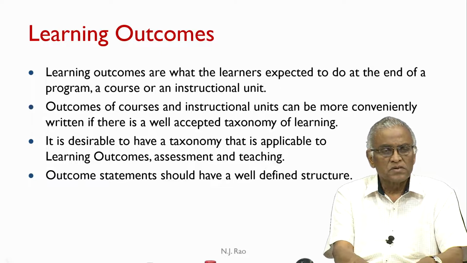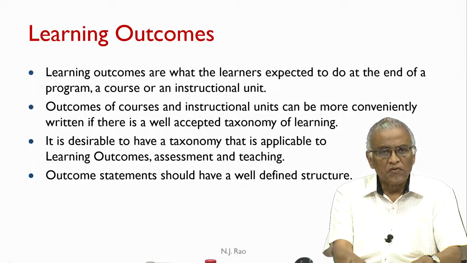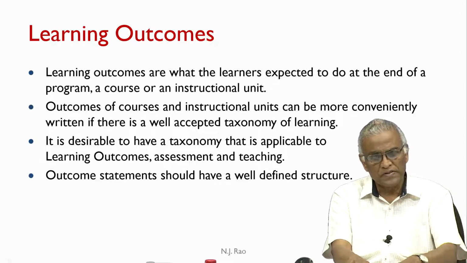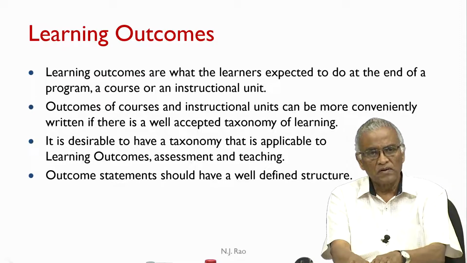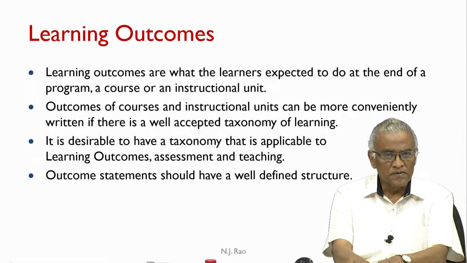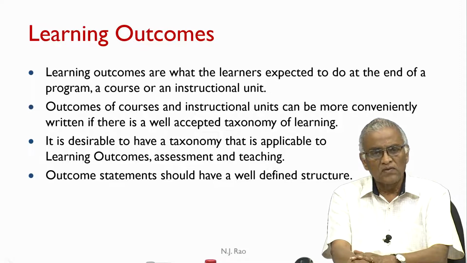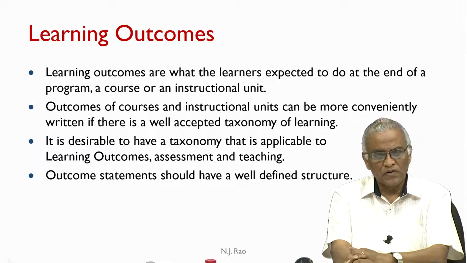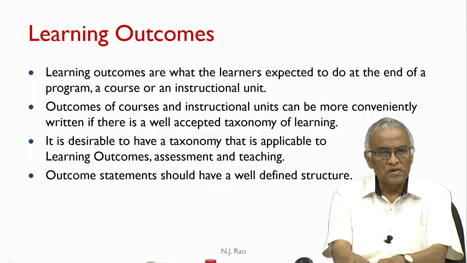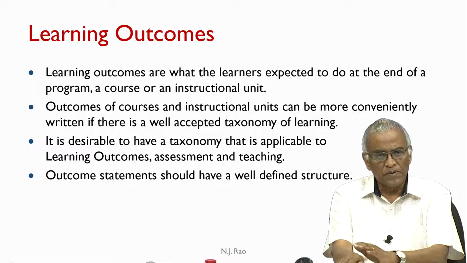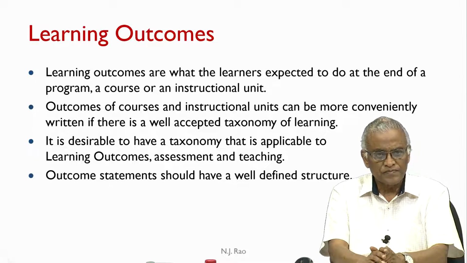In some institutions, for all the three, people use the same learning outcomes, whereas at the program level, we call them program outcomes, program specific outcomes, and at course level we call them course outcomes, and at an instructional unit level we can use some other word like competency. Okay. So, one can use different words to represent what the student should be able to do at different levels.